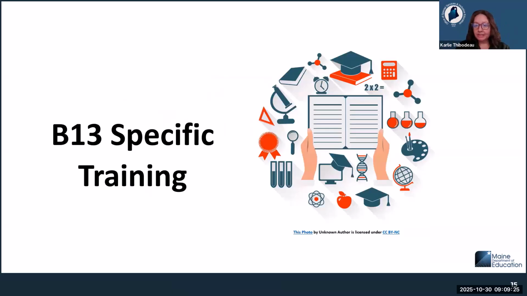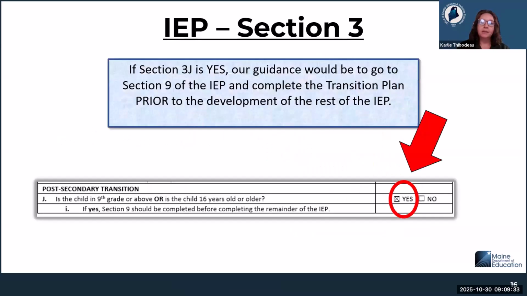Okay, so now we're going to get into the meat of this, where we talk about these specific pieces of the B13 or the transition plan that we look at for compliance. So when you're starting and you're working on the IEP for the student, the very first place you're going to see this is in section 3, because that very last question in section 3, where those yes/no's are, is: is the child in 9th grade or above or 16 years old or older?